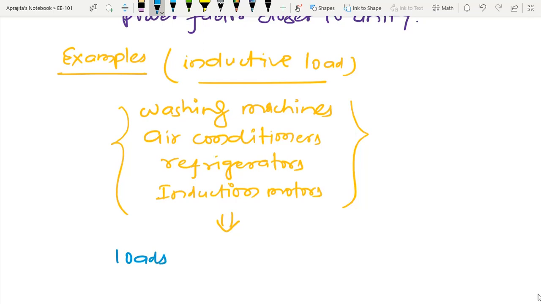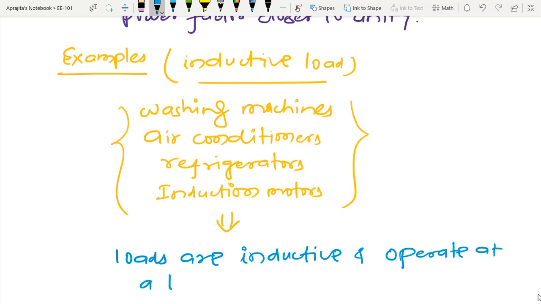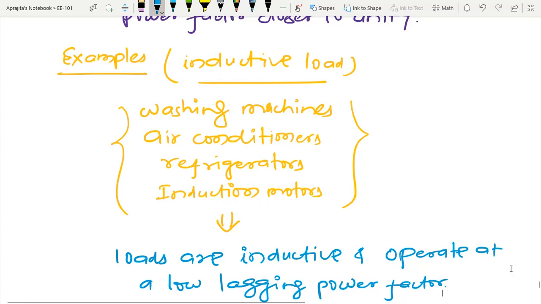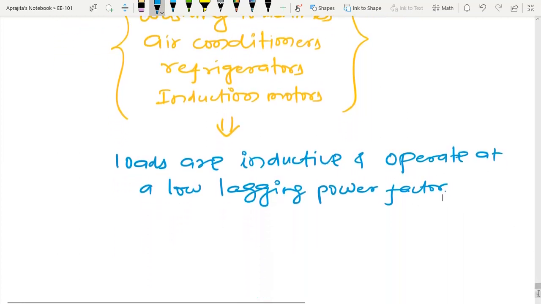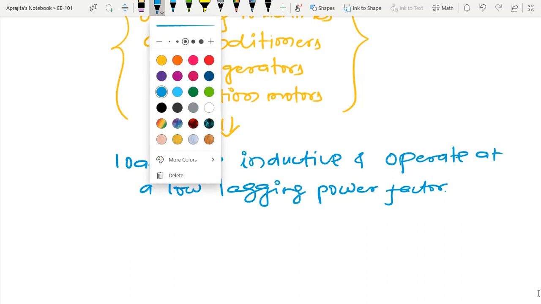These loads are inductive and operate at a low lagging power factor, and now you are able to understand why I use the word lagging, because we have inductive loads. So the nature I cannot change. Just write this as a note.